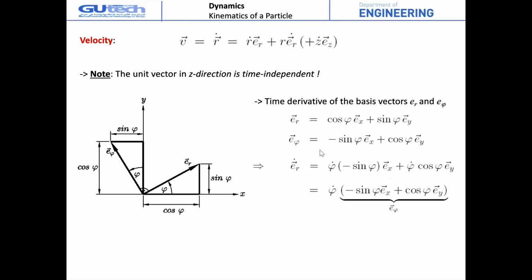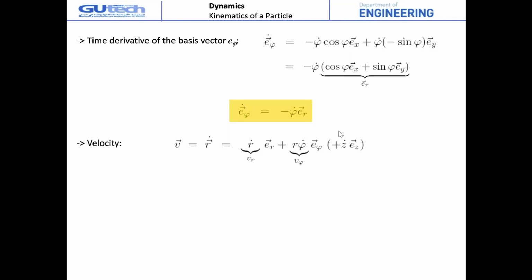The same principle is used for ePhi. If we make this term short, it's only ePhi. Then eR dot is only phi dot ePhi. With the same principle, ePhi dot is minus phi dot eR. Keep these two terms in mind.